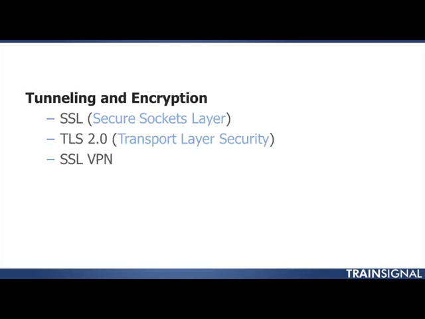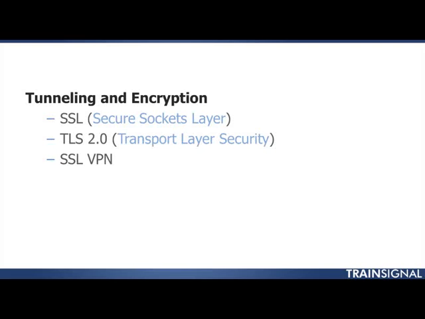And another form of security besides SSL that is also used with web servers, and we're going to talk in a minute here how it's not just web servers, is something called TLS, which stands for Transport Layer Security. And I can tell you that the most recent version of Transport Layer Security is something called TLS 2.0. And what I want to tell you is that SSL and TLS, they're not just used for web servers.